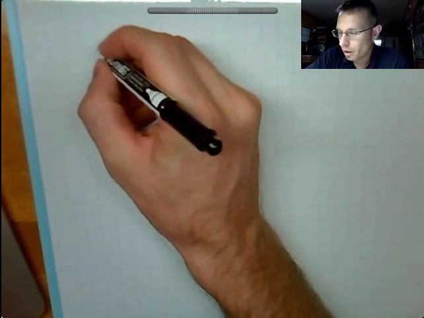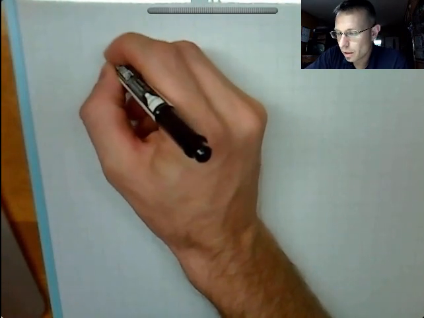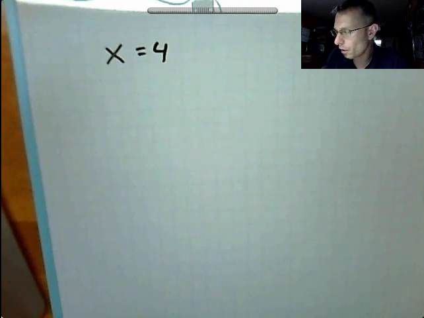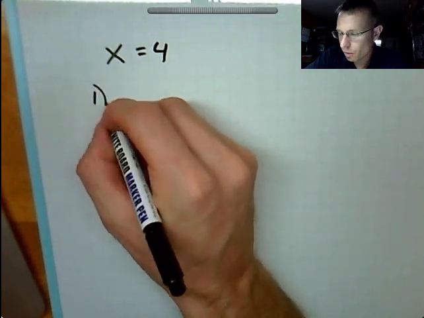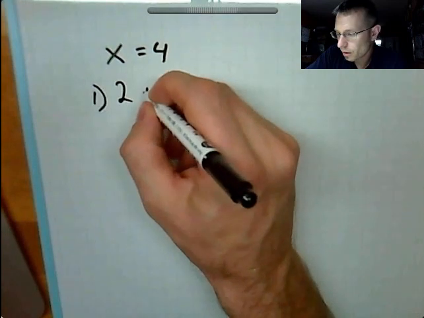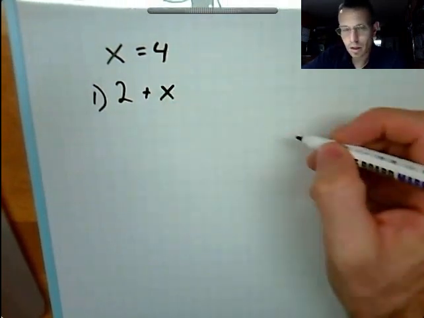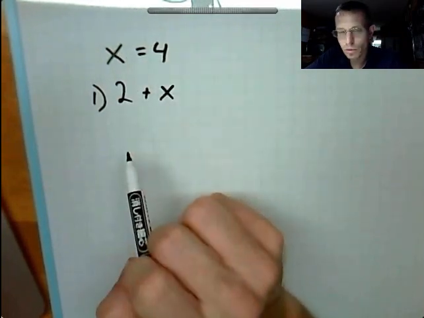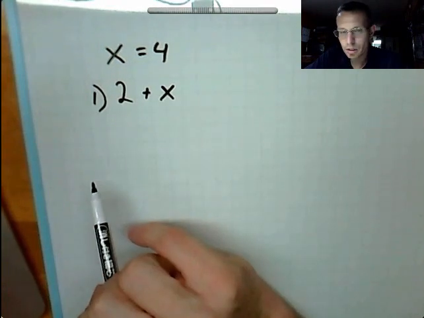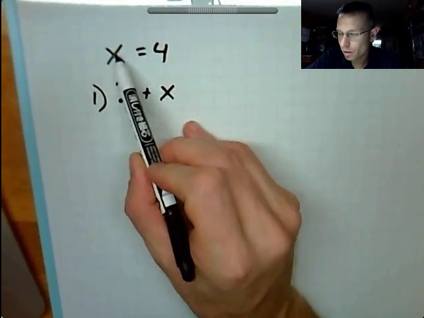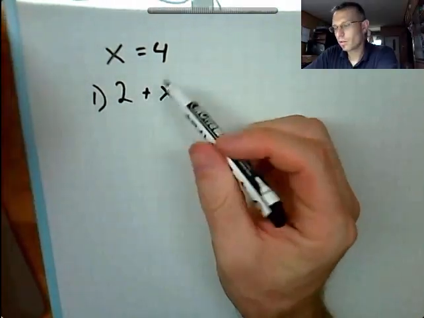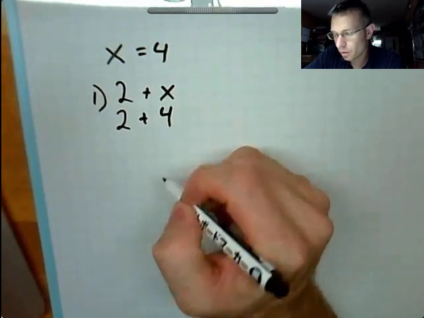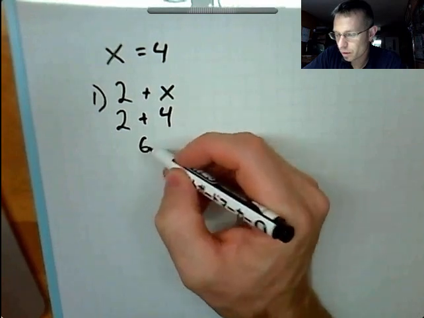When we're substituting, sometimes they will tell us what x is. So we're going to say that x equals 4. If we have the problem 2 plus x, and it says to evaluate, if x equals 4, evaluate the expression 2 plus x, well, we simply substitute 4 in for x. So we rewrite this as 2 plus 4, and then we know that that will give us 6.